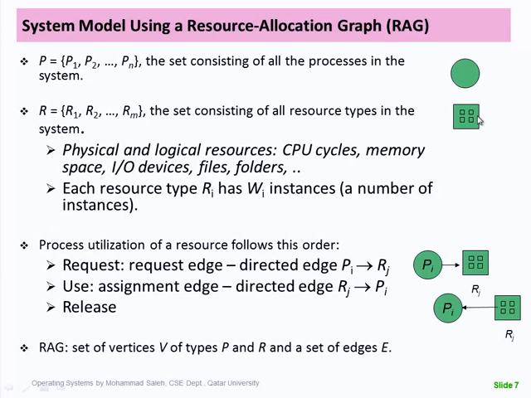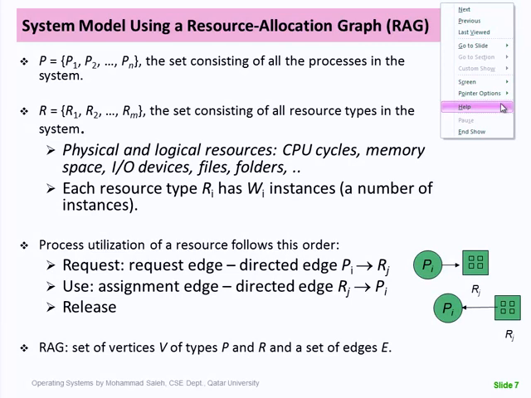If you see these small squares inside a resource, or sometimes dots, or even sometimes a number, it means the number of instances of this resource. So in this case, I have 4 instances of the resource shown in the circle at the top right of the slide. Now, these processes will be requesting resources from time to time.